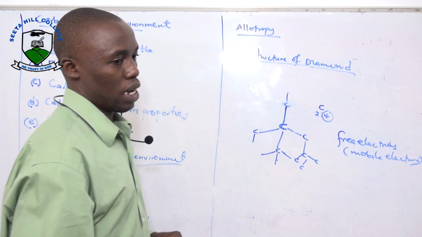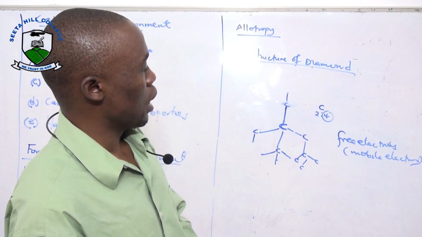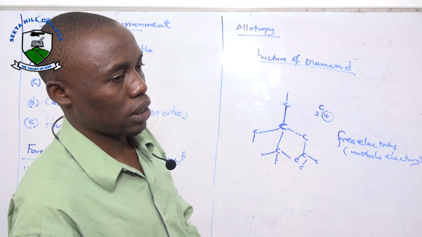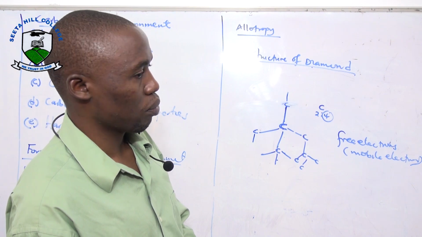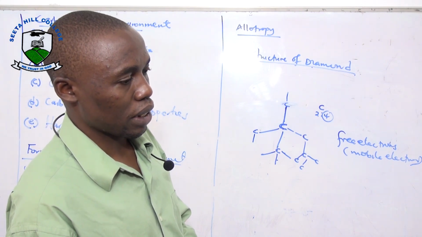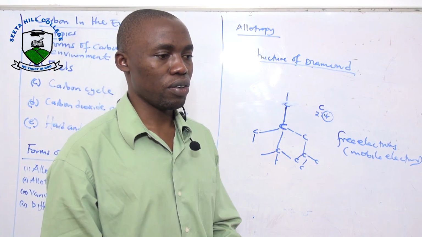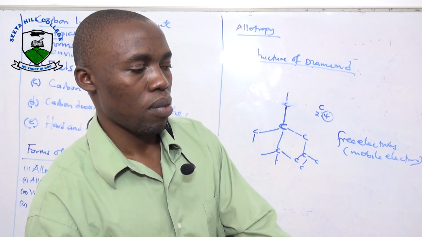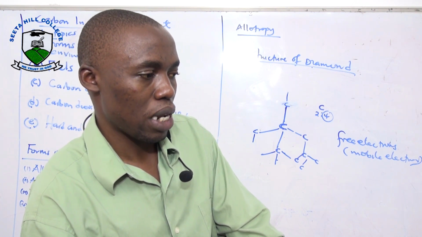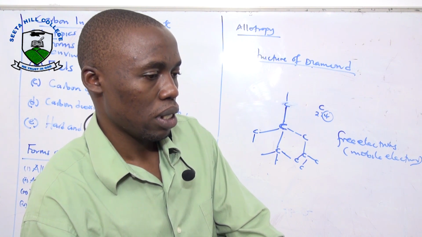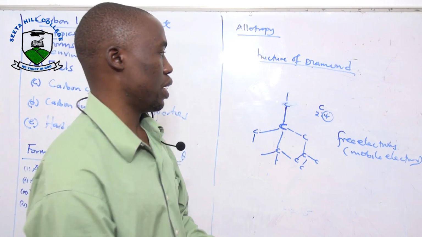Now, simply, in case you wanted to describe the structure of diamond, we would simply say diamond consists of a tetrahedral structure in which each carbon atom is covalently bonded.